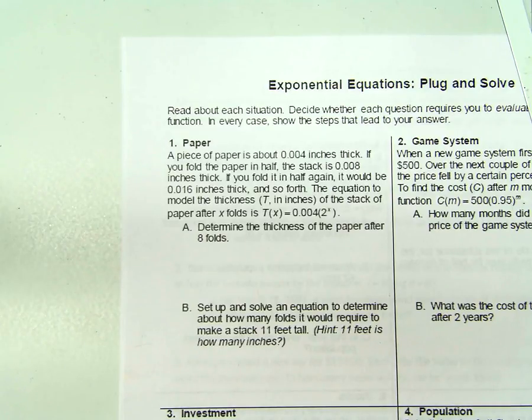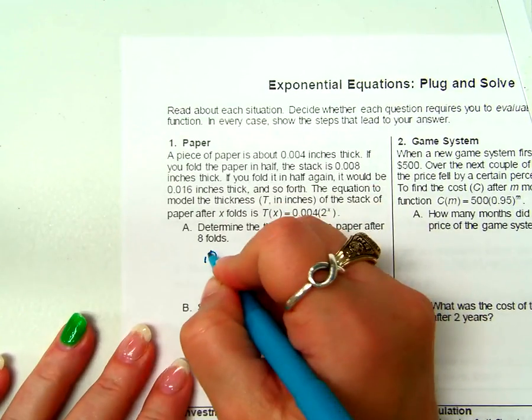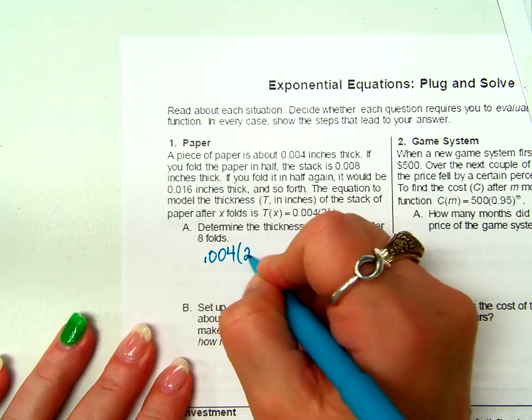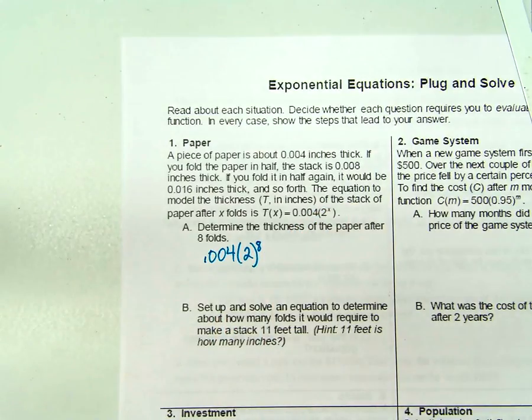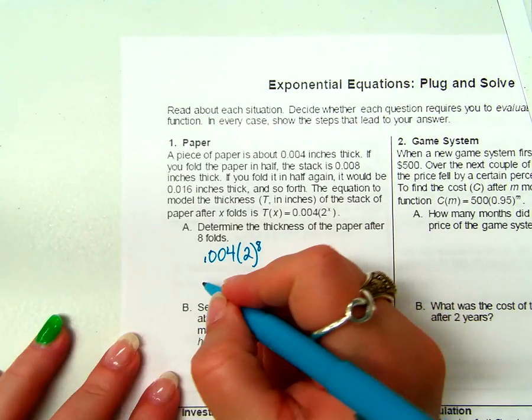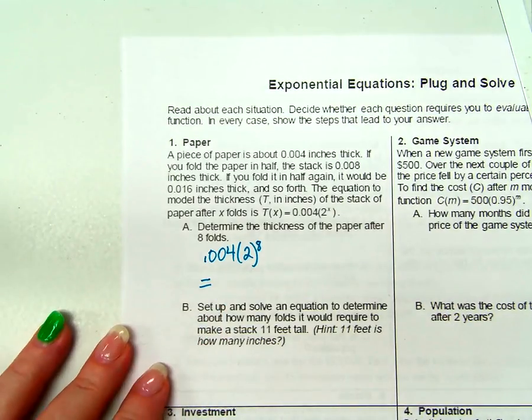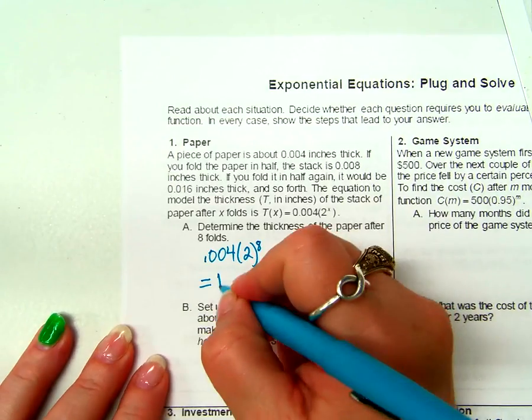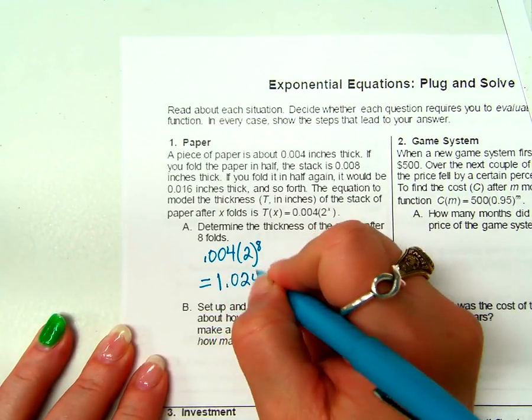So I'm going to write 0.004 times 2 to the 8th power. So what does that equal? That equals a number. It is a number, that's correct. 1.024.